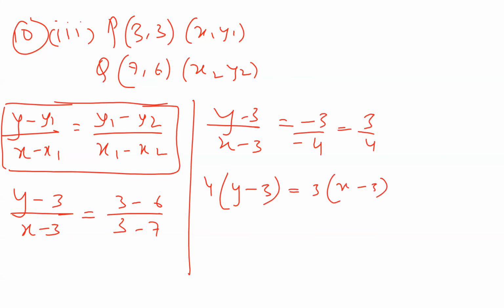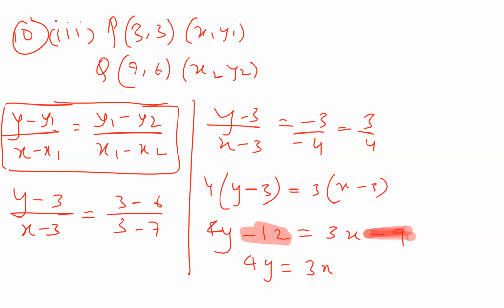In cross multiplication, this 4 went over here, this x minus 3 has gone on the other side. So 4y minus 12 is equal to 3x minus 9. So 4y is equal to 3x plus 12.